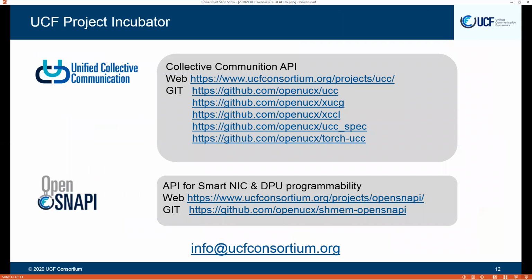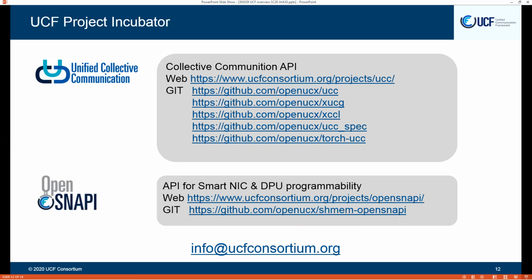So a little bit on the other projects of UCF. Unified Collective Communications, or UCC, is putting a similar effort that we did for developing UCX, but for collective communications. So the combination of UCX and UCC will cover the entire range of point-to-point and collectives, and will bring the scalability and the performance and the advantages of UCX for collectives with UCC.